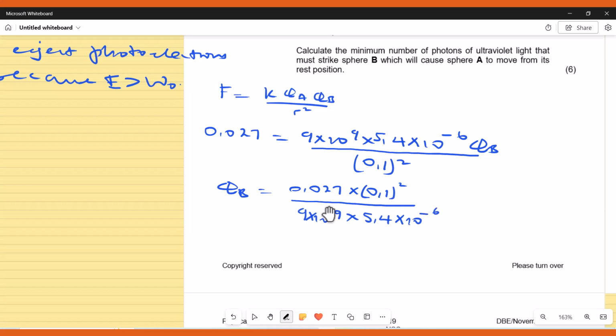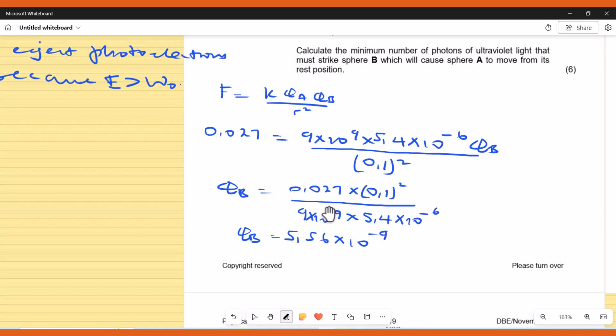My calculator gives me 5,56 times 10 to the power of negative 9.